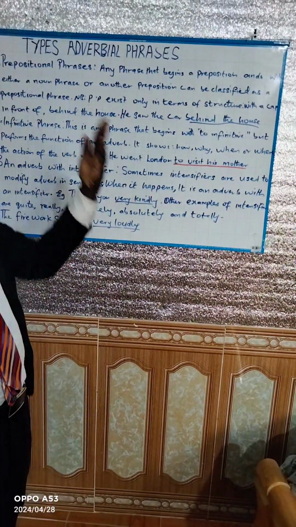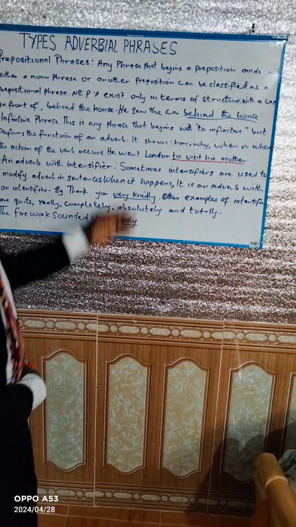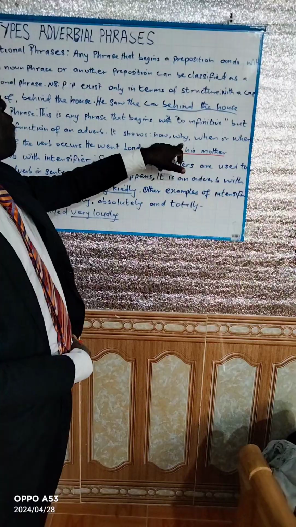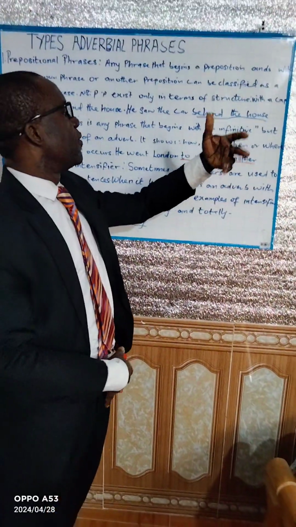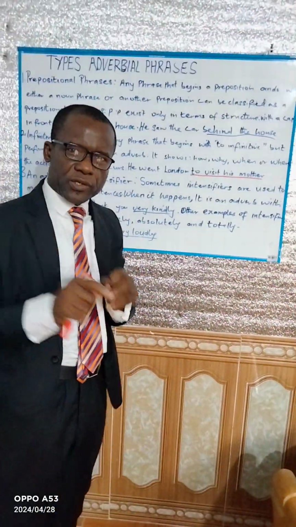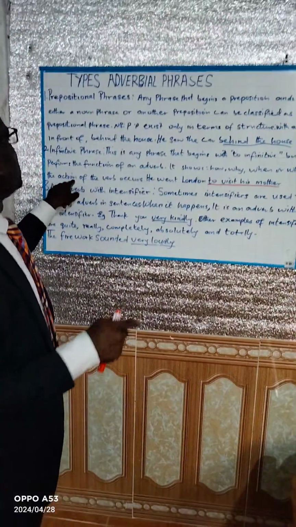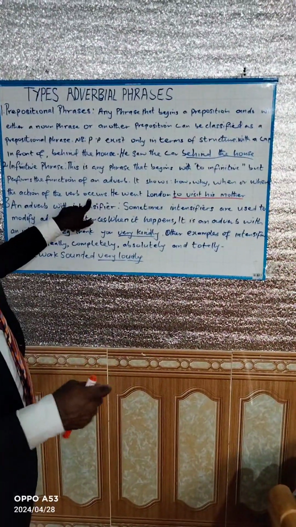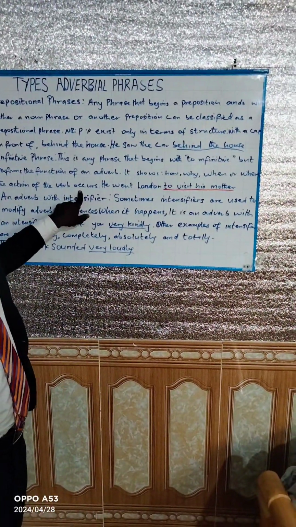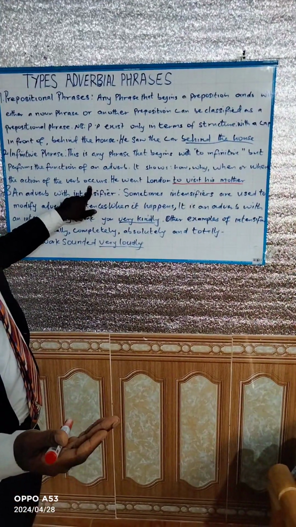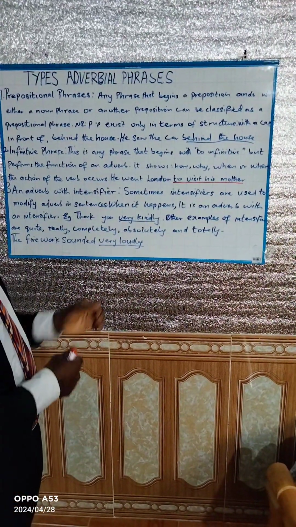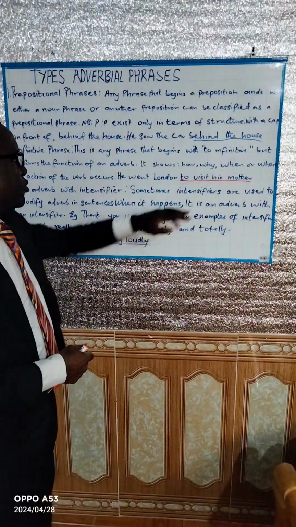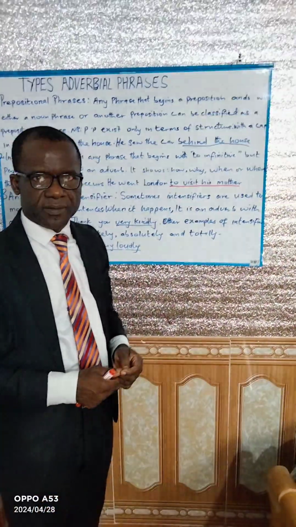Of course, what does that mean? It means that it shows how, why, when, or other situations surrounding the actions of a verb, or under which the verb's action occurs. Example: he went to London to visit his mother.